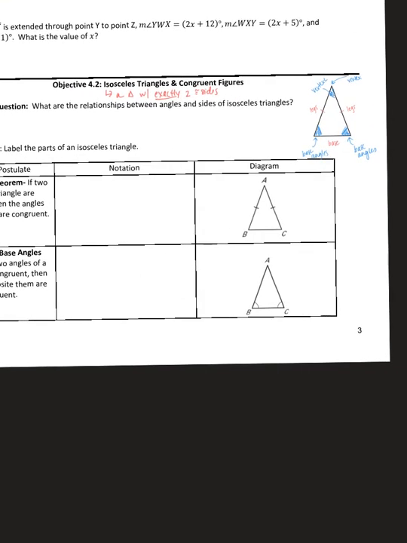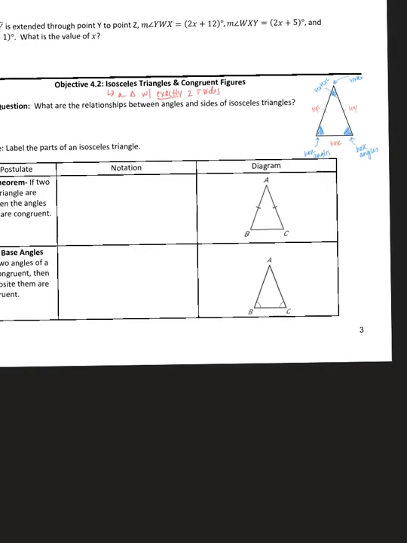Okay. So remember it says if segment AB is congruent to segment AC, then the angles opposite them. So angle C is going to be opposite of side AB, and angle B is going to be opposite of leg AC. Okay, and those two angles are going to be congruent.